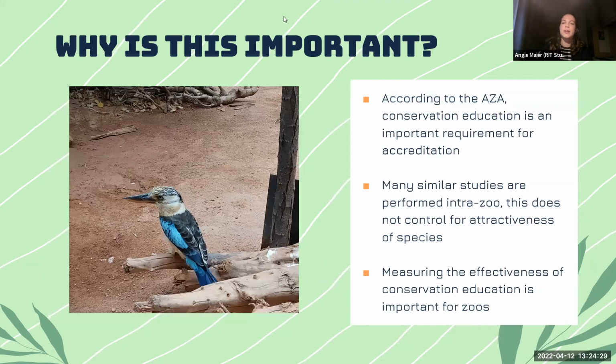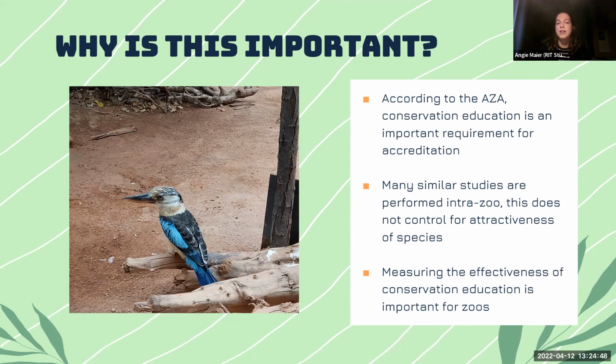So why is this important? The Association of Zoos and Aquariums requires a certain level of conservation education in their accreditation process. And so that's the same with the European Association for Zoos and Aquariums.